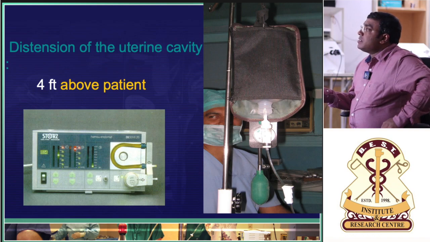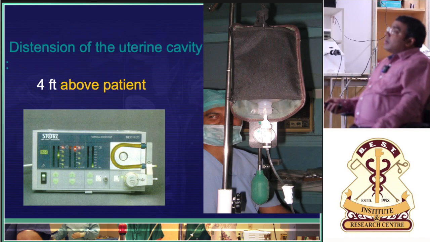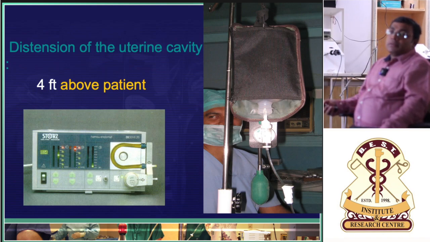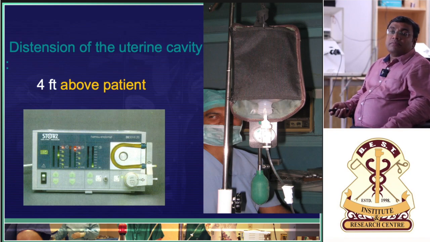Then this is the Karl Storz hysteromat. What are the components of a hysteromat? The saline bottle is connected here. There is an arrow mark here, and one more opening here. The tubing connected to the hysteroscope gets connected to this.